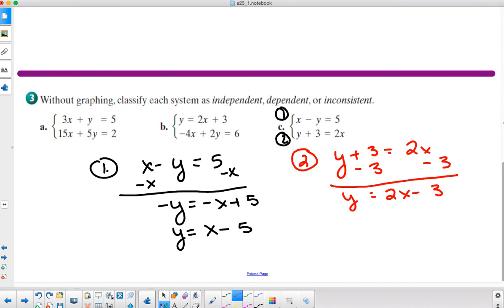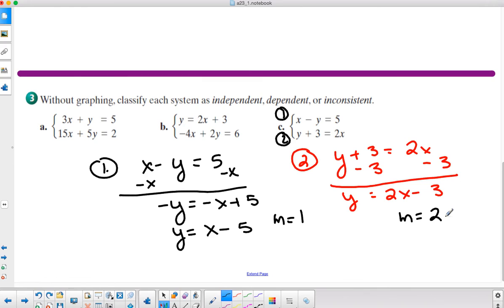All right, so looking over here, my slope is 1, and over here, my slope is 2. Because the slopes are different, right away, we know that it can't be dependent or inconsistent, because those two must have the same slope.